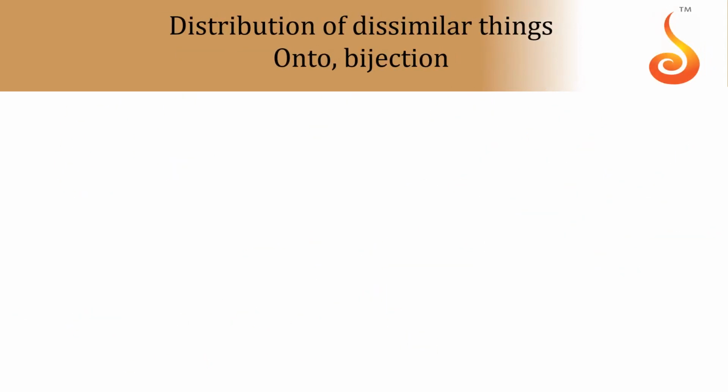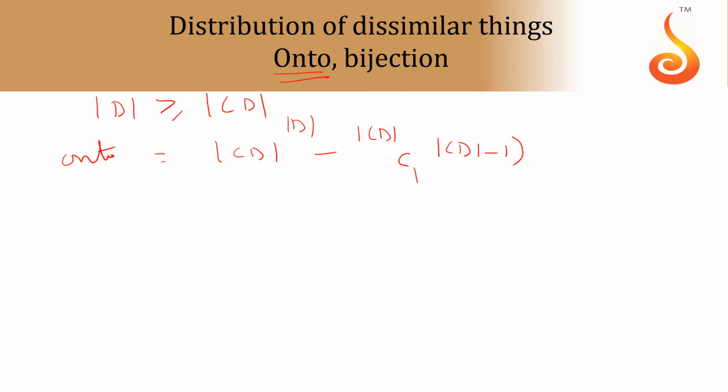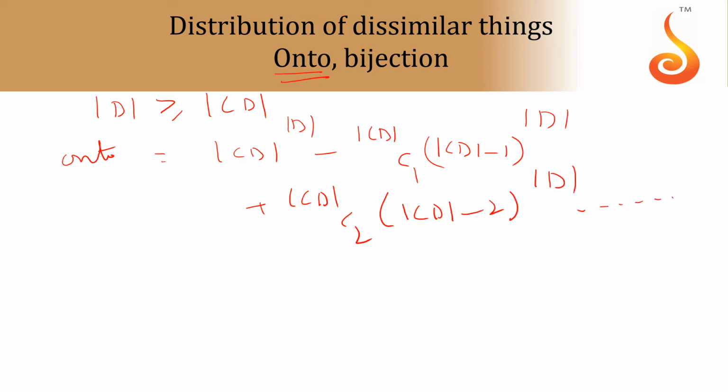Now, for onto functions you can use the principle of inclusion and exclusion, and the cardinality of D should be greater than or equal to the cardinality of CD. The number of onto functions equals cardinality of CD to the power of cardinality of D, minus cardinality of CD C1 into cardinality of CD minus 1 whole to the power of cardinality of D, plus cardinality of CD C2 into cardinality of CD minus 2 whole to the power of cardinality of D, and so on.